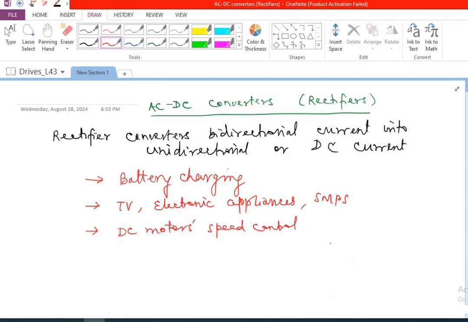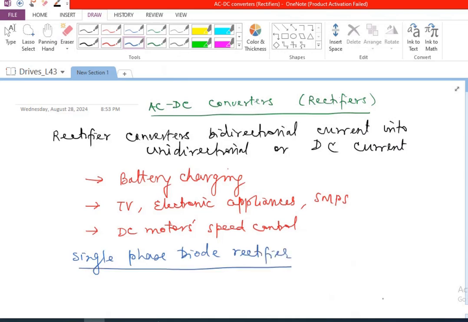So we'll first of all start with one of the simplest AC to DC converters, the single phase diode rectifier. And I'm going to start with only one single diode.